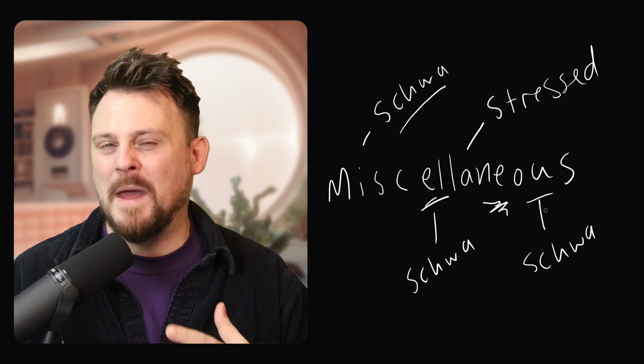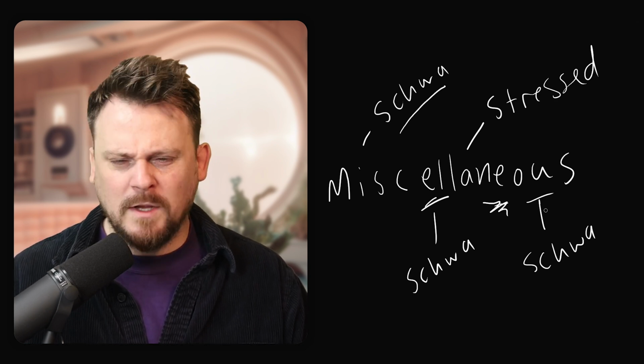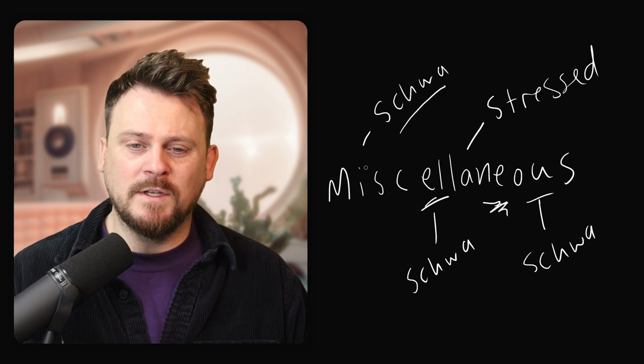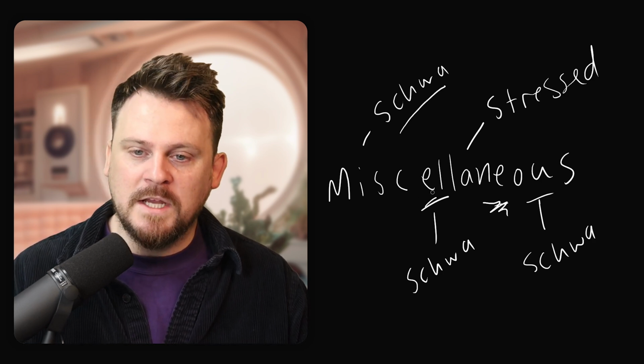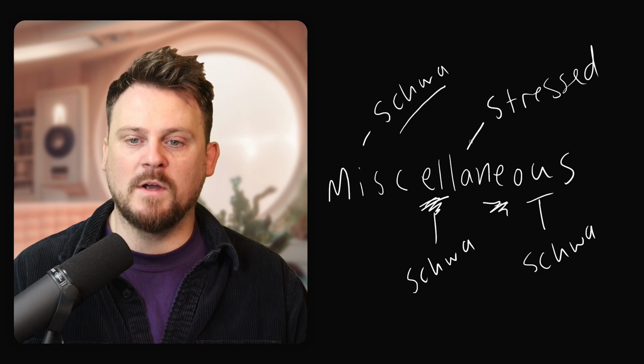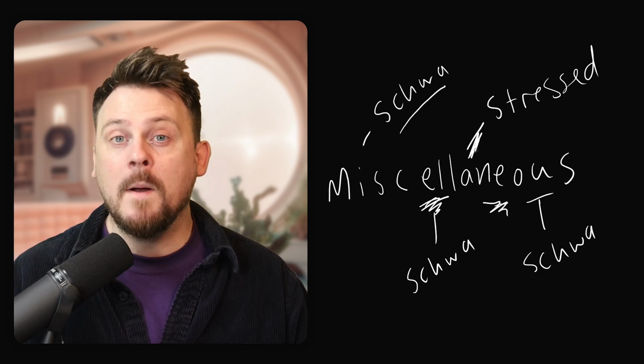So that might be the schwa sound. Again, you could say that's the schwa sound or not. It's pretty close. This one is very clearly the schwa sound, and this one is very clearly the stressed syllable. So miscellaneous.